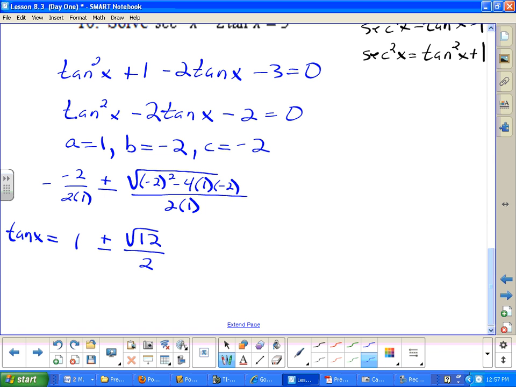So this equals 1 plus or minus the square root of 3. Square root of 12 is 2 square roots of 3, and the 2's will cancel. So this means we're going to have to do 2 things. We need to find out when tangent of x equals 1 plus the square root of 3, and when tangent of x equals 1 minus the square root of 3.